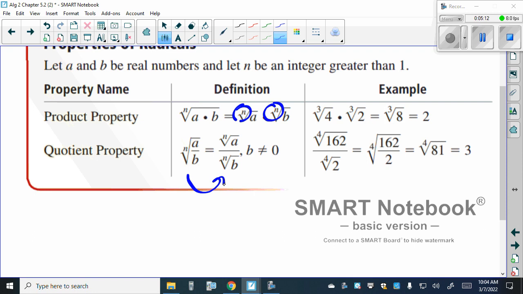And there are different ways that we can go about doing this in the properties that we dealt with yesterday. Some of it, like we see here, well, 162 is divisible by 2. Instead of trying to take the fourth root of 2 or trying to see if we can simplify that, I can actually merge them back together and divide, because 162 divided by 2 is 81.